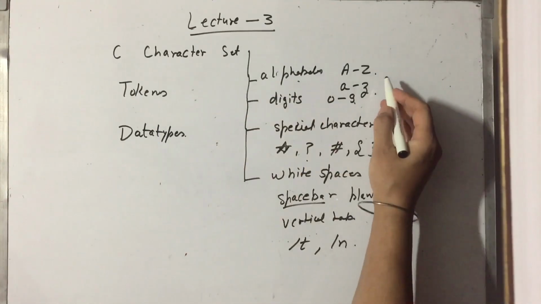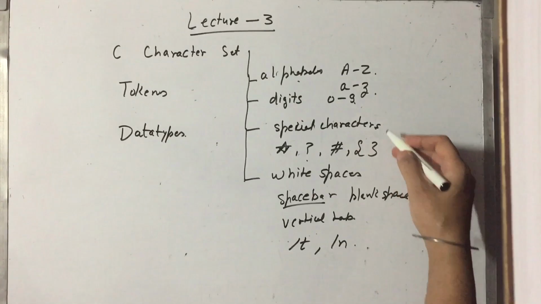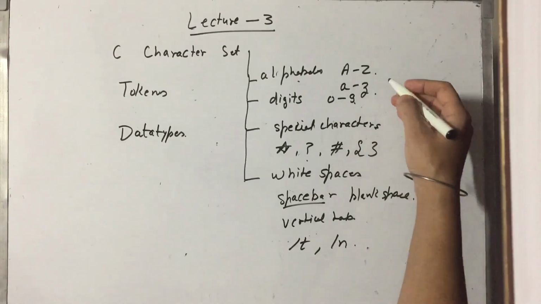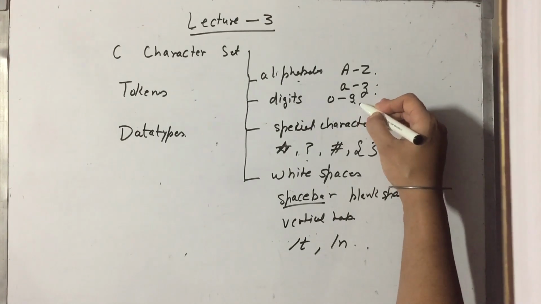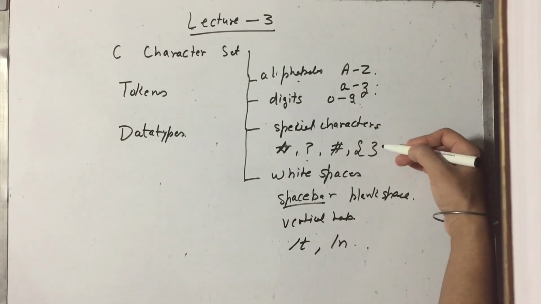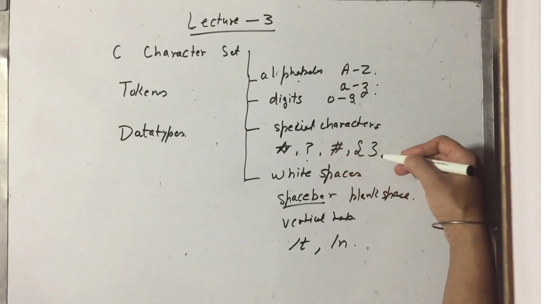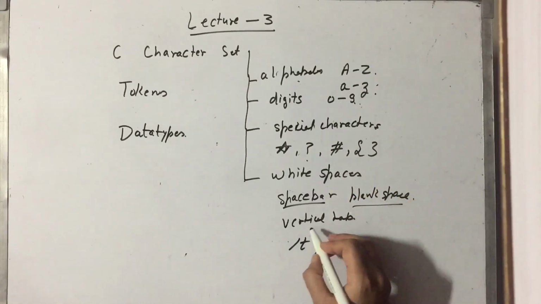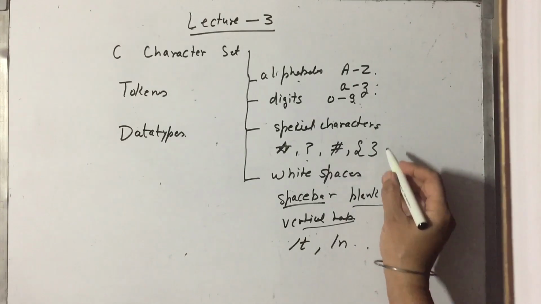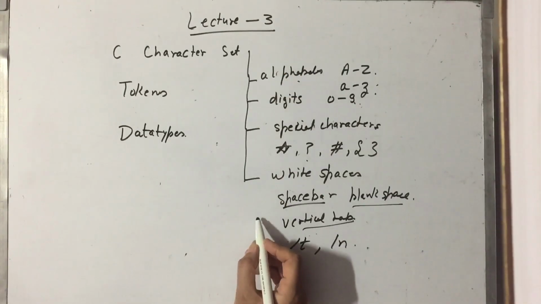We will be using these in a C program, which will include capital letters, maybe small letters, maybe digits from 0 to 9. It may include certain special characters like these, and certain things like blank spaces or vertical tabs. So that is your character set.